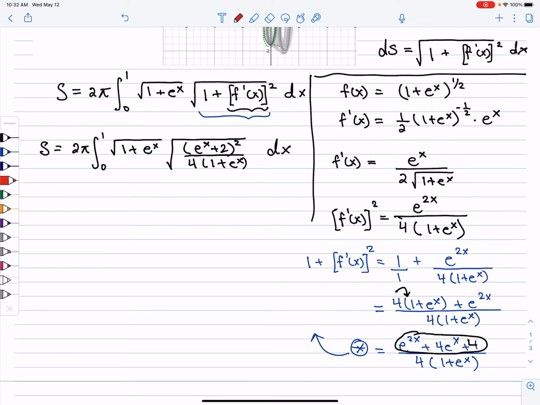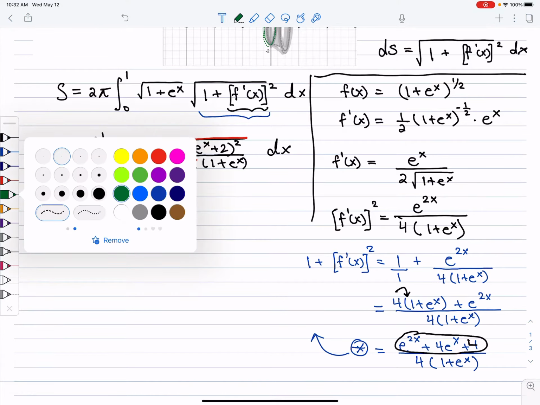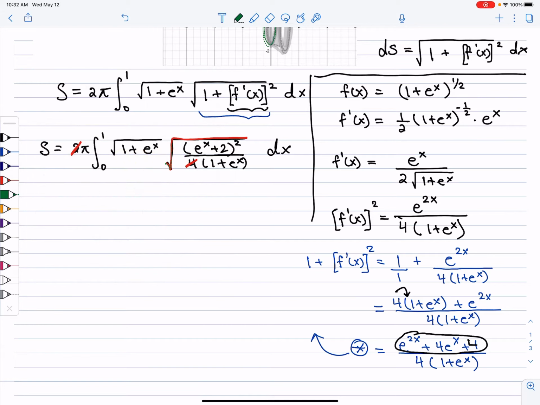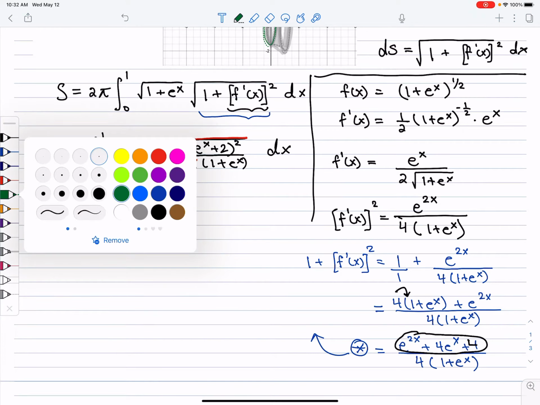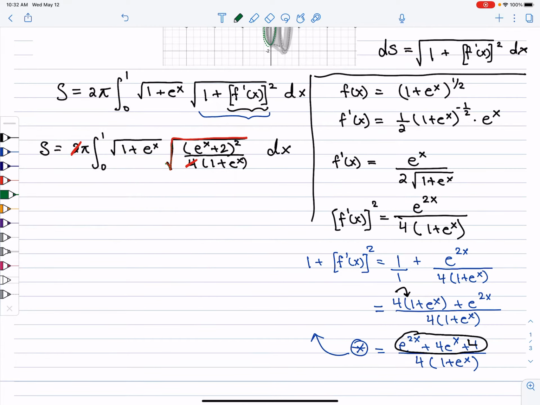All right, so let's simplify a couple of things. The square root of 4 is 2 in the denominator, and that 2 will simplify with the 2 outside of the integral. And then one more time, the square root of the denominator will simplify with the square root out here.